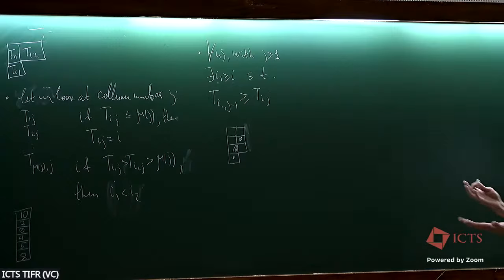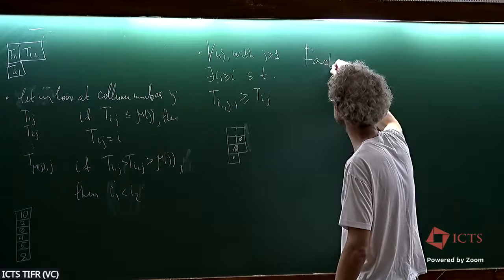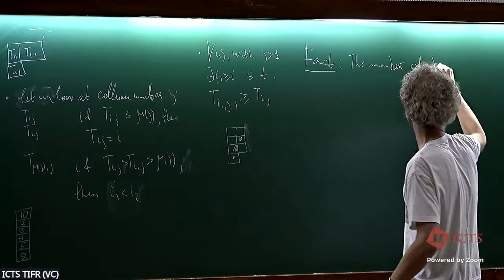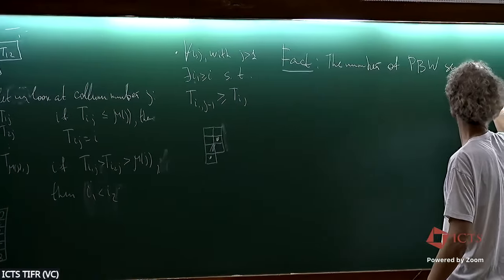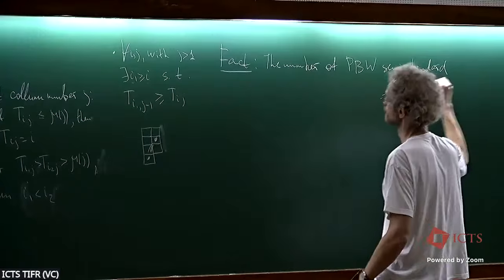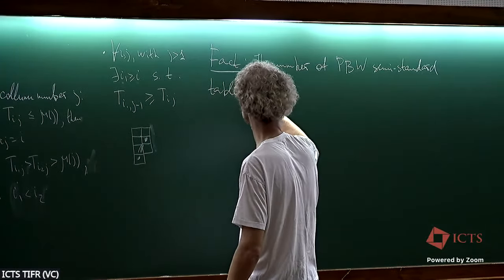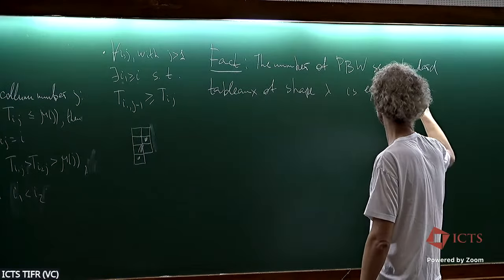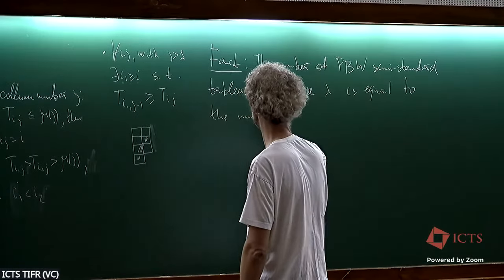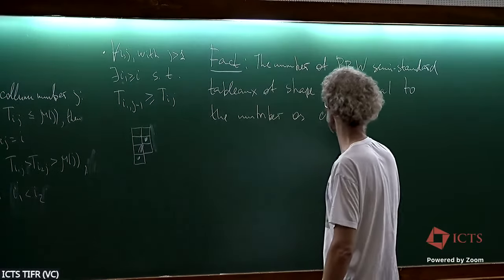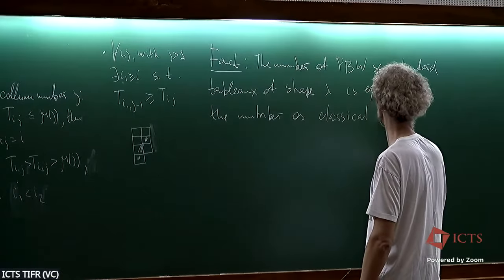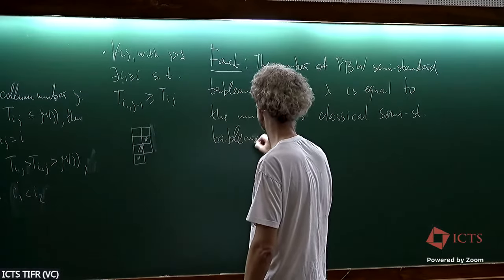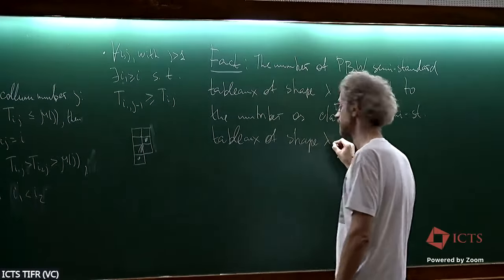But first of all, let me tell you that it is absolutely not a trivial fact that the number of PBW semi-standard tableaux of shape lambda is equal to the number of classical semi-standard tableaux of shape lambda. So this is far from being obvious.